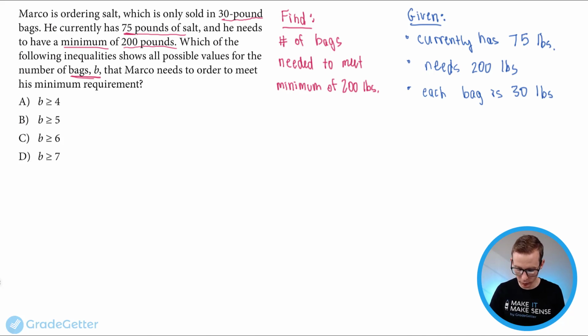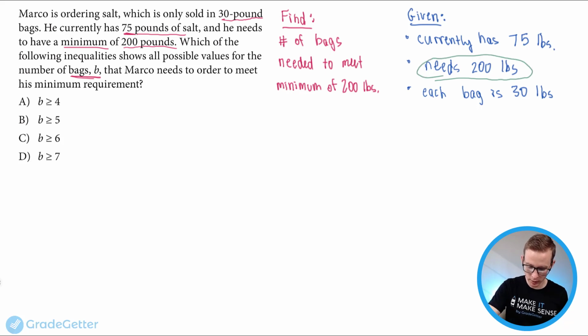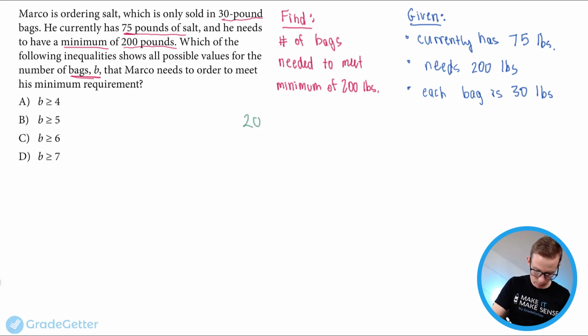Okay, so now that I've written down some useful information, let's see how many pounds Marco needs to reach his minimum. So I'm going to take the minimum amount, which is 200, and subtract the current amount that he has now. So 200 minus 75 equals 125 pounds that Marco needs.